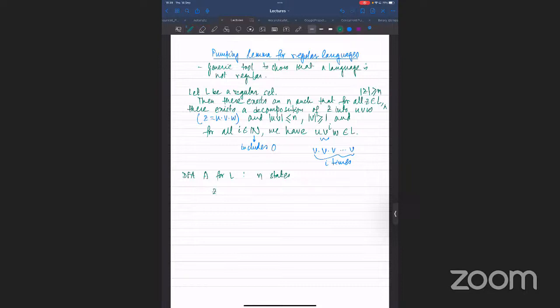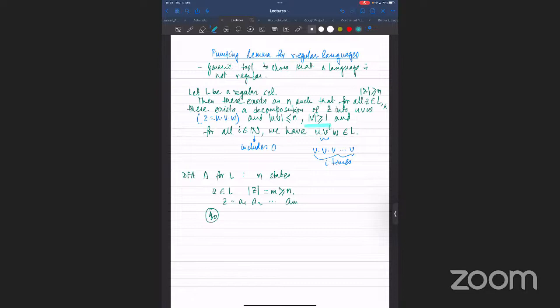Now you consider a Z belonging to L such that the length of Z, M, is greater than or equal to N. If you start from Q0 and suppose Z equals A1, A2 up to AM, you see that the length of V has to be greater than or equal to 1.